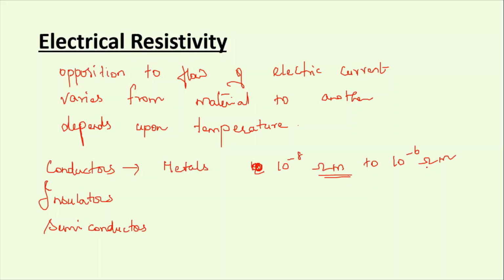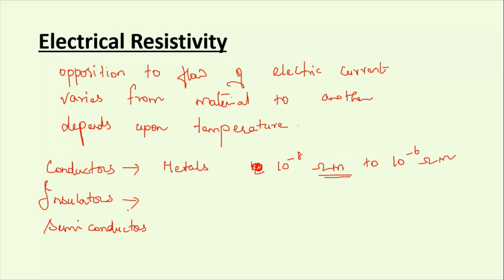Okay. Now coming to insulators. What are insulators? Insulators are materials which do not allow electric current to pass through them. The examples are glass, mica, bakelite, etc. So they have very high resistivity. Insulators do not allow electric current to flow through them. Their resistivity will be very high.